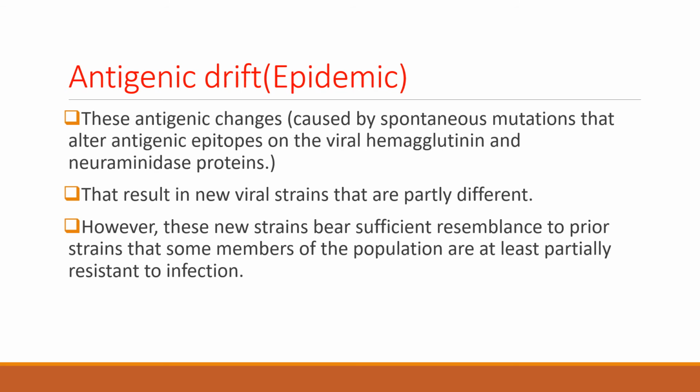These new strains bear sufficient resemblance to the prior strains, so some members of the population are partly resistant to infection because they have antibodies to the prior strain. That partially protects the population from infection, and that is antigenic drift, and it leads to epidemics.